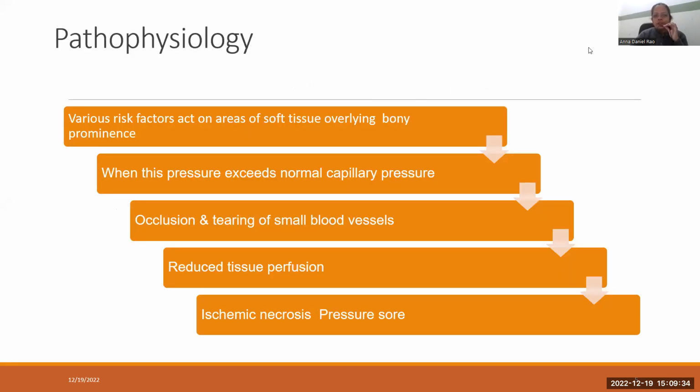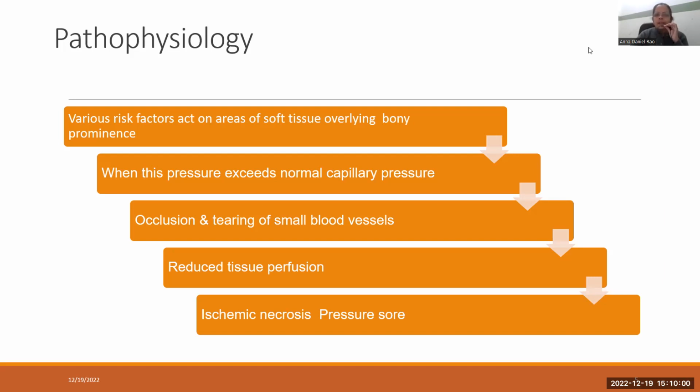So what is the pathophysiology? All these risk factors will act on the area, may not be all together, but one or two, for example, and they will destroy the soft tissues, especially over the bony prominences.